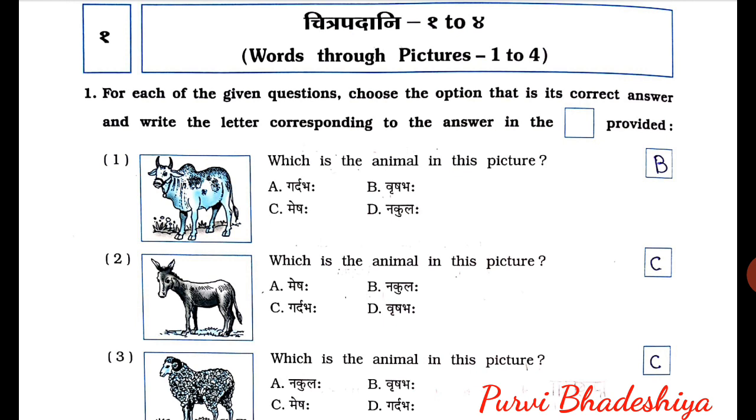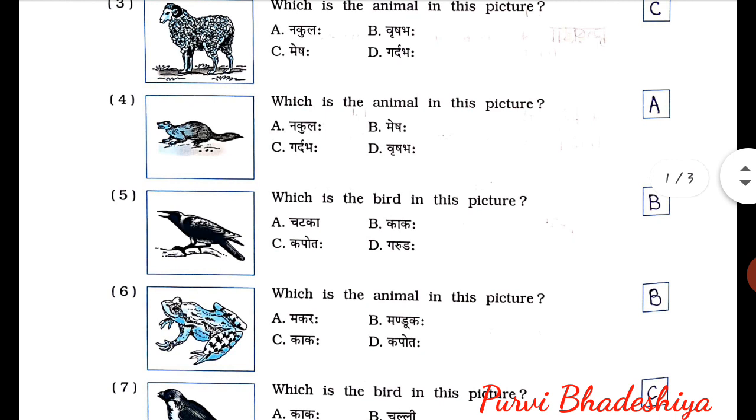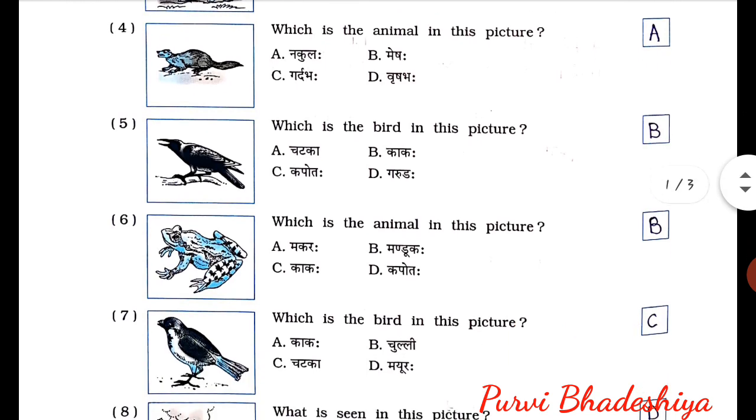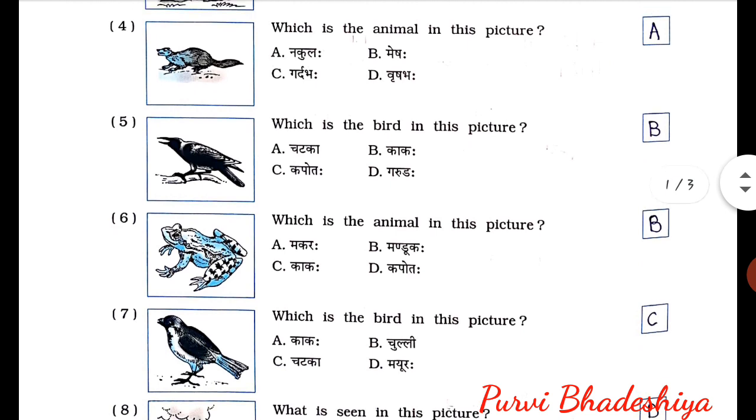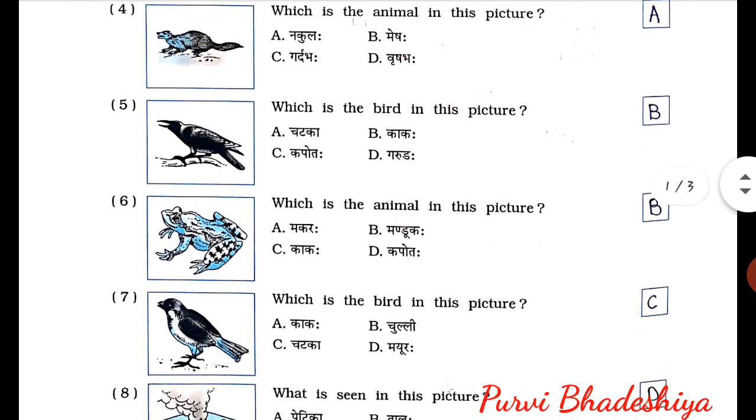Third picture is of a sheep and they have asked a question, which is the animal in this picture? And the answer is C. Meshah. C. Meshah. Fourth picture, they have shown us a picture of a mongoose. So, which is the animal in this picture? And the answer is A.